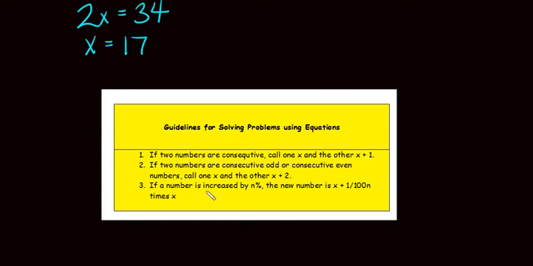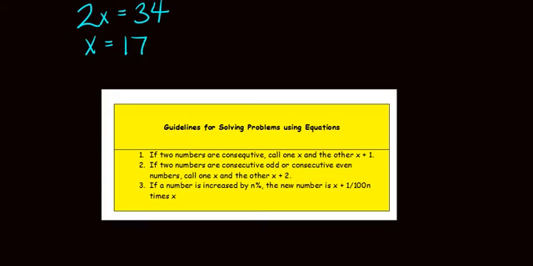And then here's the one that kind of confuses us sometimes. If a number is increased by some percent, the new number is going to be x plus the percent converted into a decimal, so you divide whatever that percent is by 100 and multiply it by x.